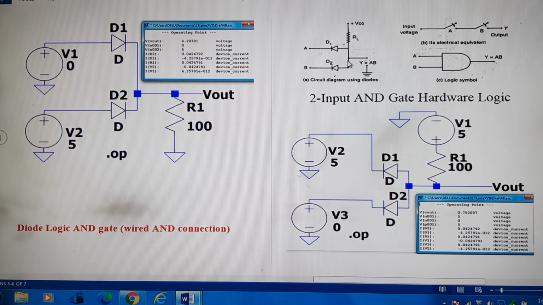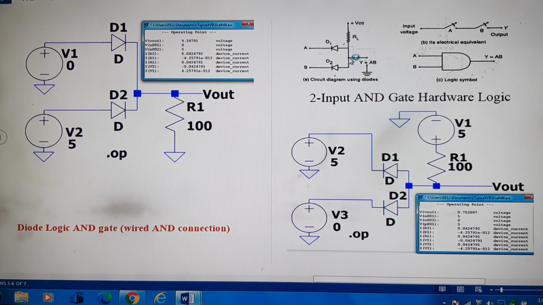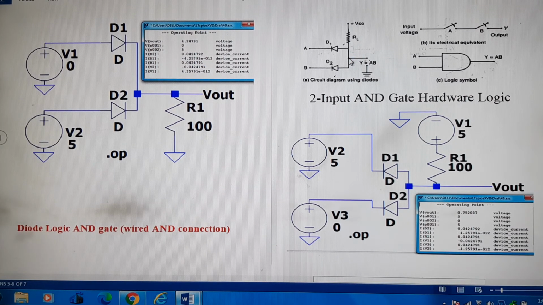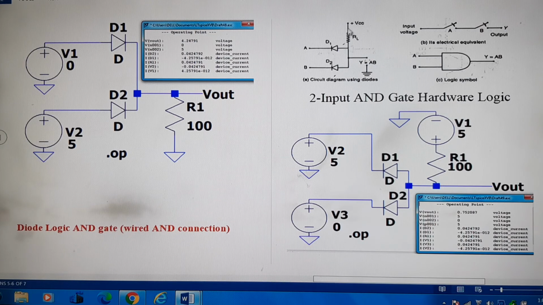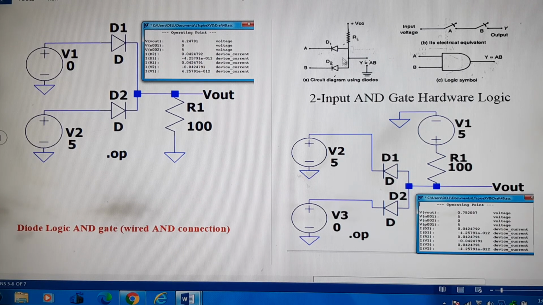Therefore, the output voltage level at this terminal Y should be the same as VCC, and if it is equal to VCC, then it is interpreted as logic 1, because there is no voltage drop across the resistor RL and the potential difference is 0 across its terminals. So when both the inputs are high, the diodes are reverse biased and no current is flowing to the ground. This point and this point should be at the same potential, so the output is high.